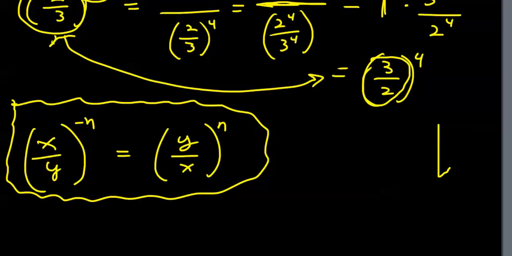All right, let's invoke this rule in some examples. Simplify and express with positive exponents only. Let's say I've got 2/3 to the minus 4th power.